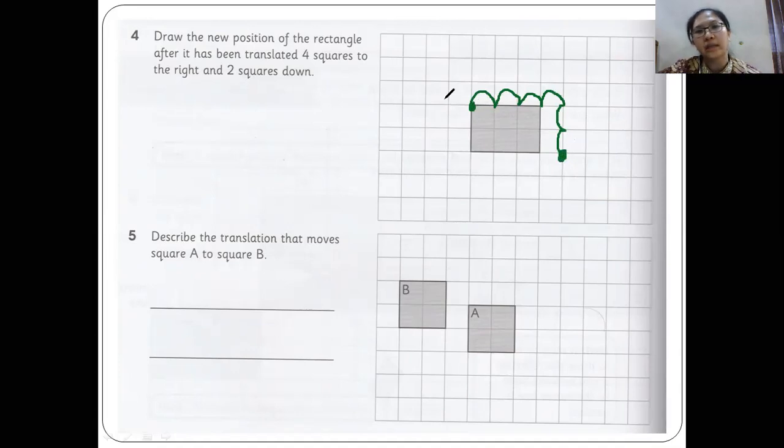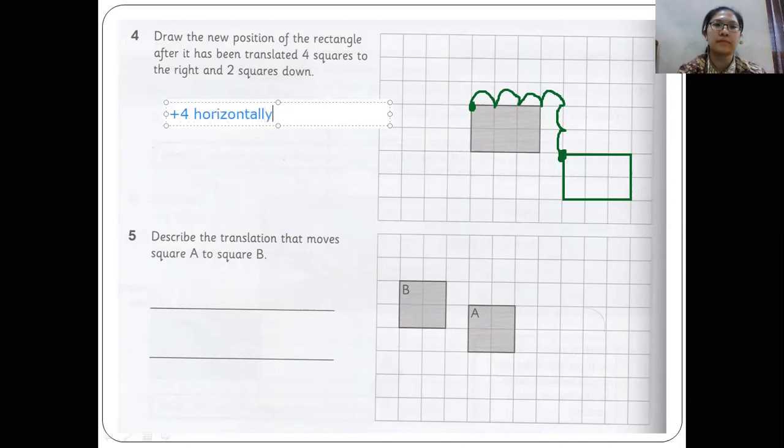My rectangle is a 3 by 2 shape, so I will draw my rectangle 3 by 2. Okay. So this rectangle is now translated here, 4 squares to the right, 2 squares down. Okay, this is how you do the translation. Or usually, if it's translated to the right side, you can say plus 4. Translation 4 squares to the right is the same as plus 4 horizontally.